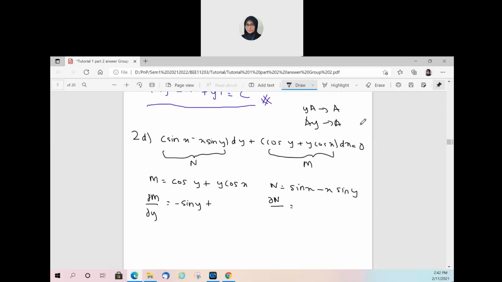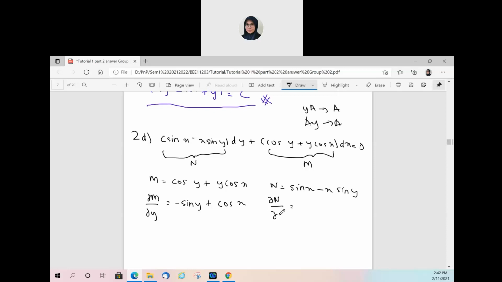Then we get A. So this one also sama, plus cos x. Faham? This one kita boleh differentiate cos because Y dekat dalam ni. But this one, cos x ni consider constant because you don't have any Y here. Just X. Ingat.